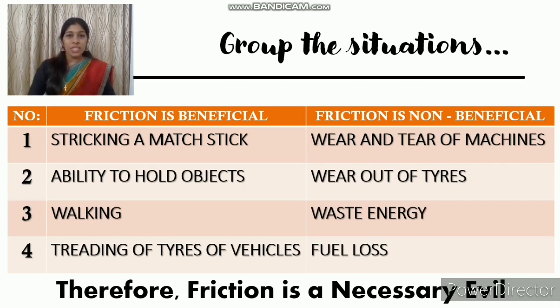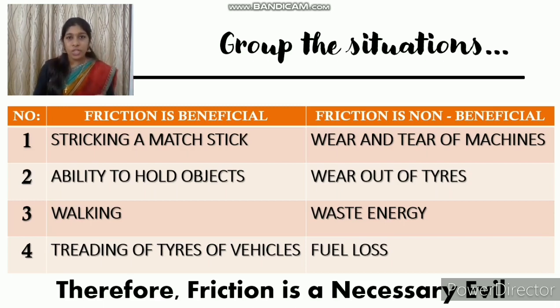So, here we have grouped the situations. Let's check out the first case. The first case is friction is beneficial. Under friction is beneficial, the situations are striking a matchstick. We have always studied that striking a matchstick requires friction.